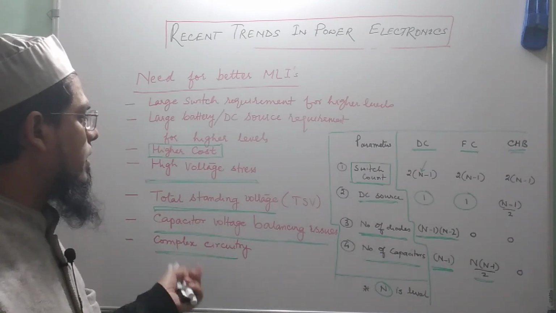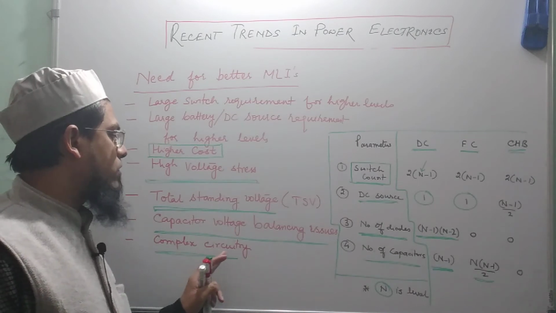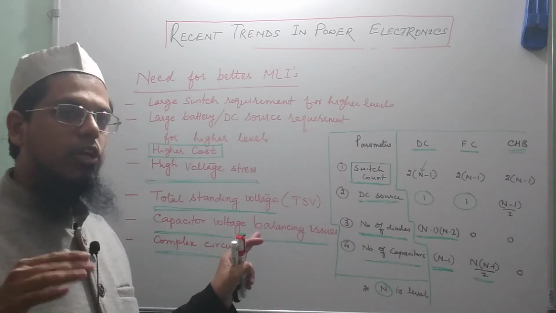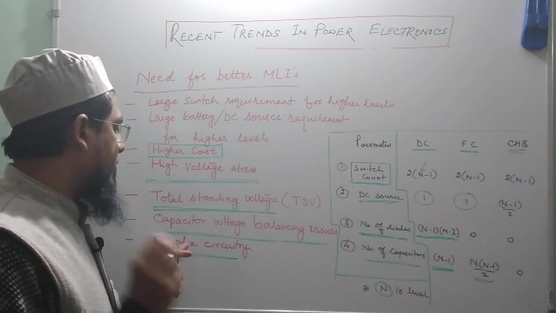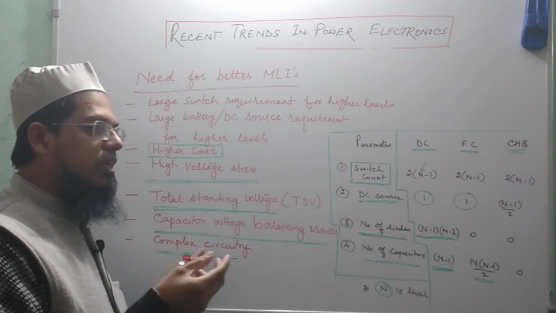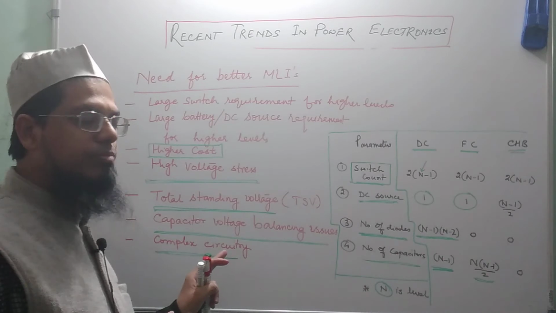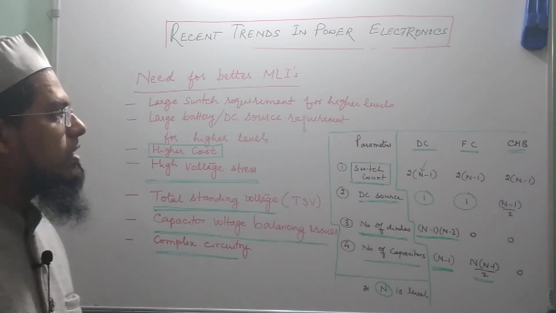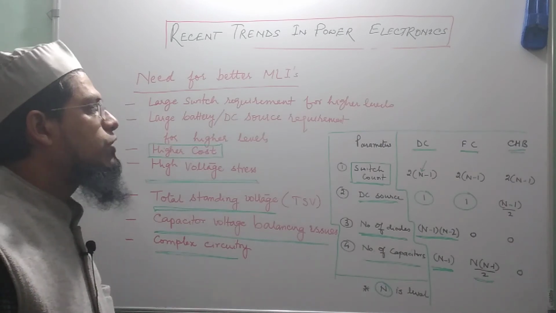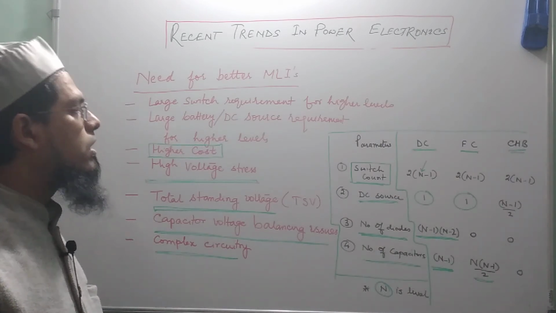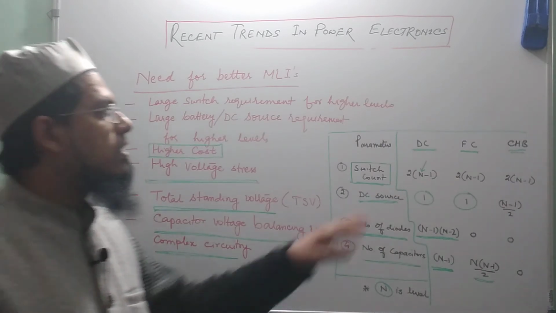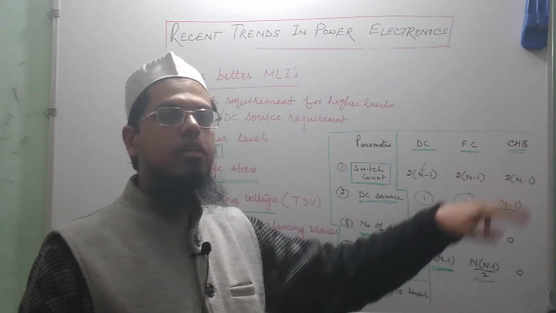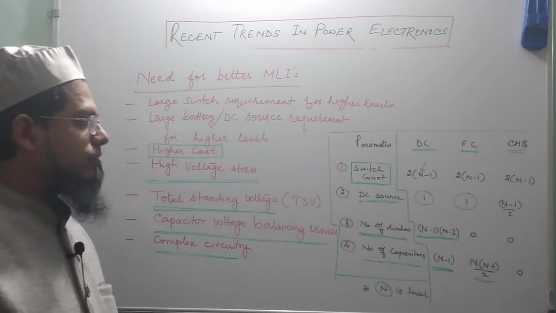And then again, since we have to control the capacitor voltage also, we have to maintain it at a particular level, there also we need sensors. So this adds up to the complexity of the circuit. So these are the various issues that are associated with the conventional multi-level inverters, that is the diode clamped, flying capacitor, and the cascaded H-bridge multi-level inverter.